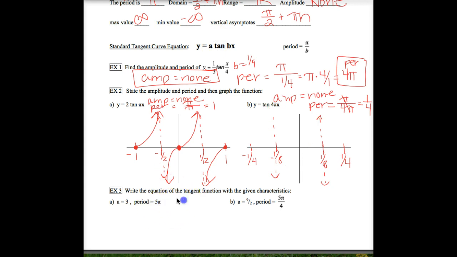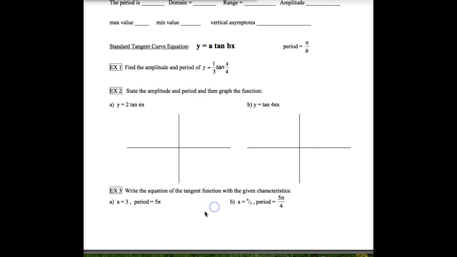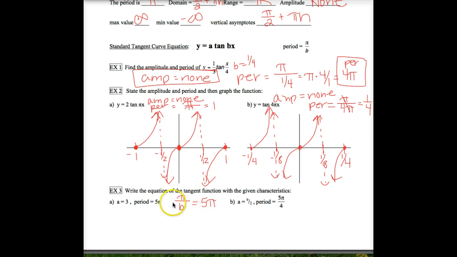So pi over B equals the period, which is 5 pi. So if I want to solve for B, first multiply both sides by B. So pi equals 5 pi B. Then divide by 5 pi. These cancel.